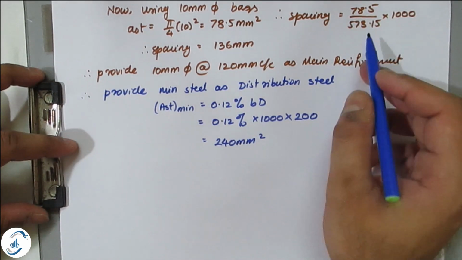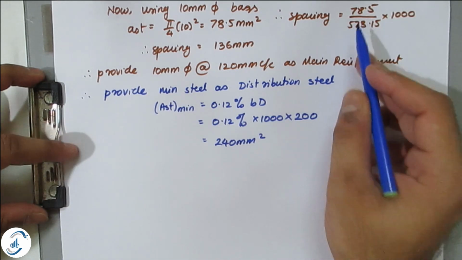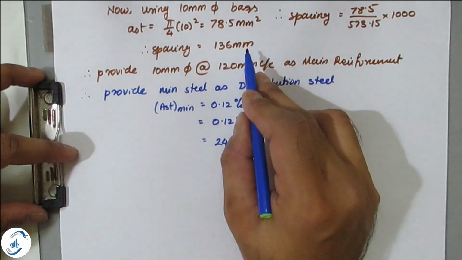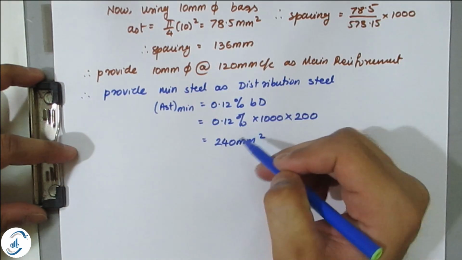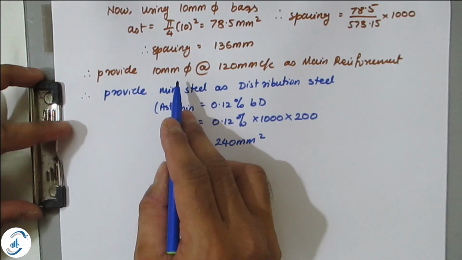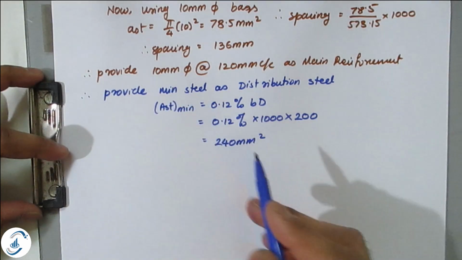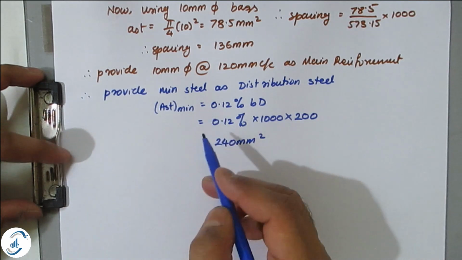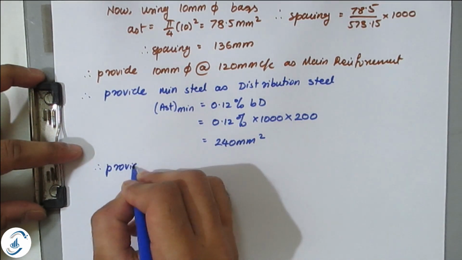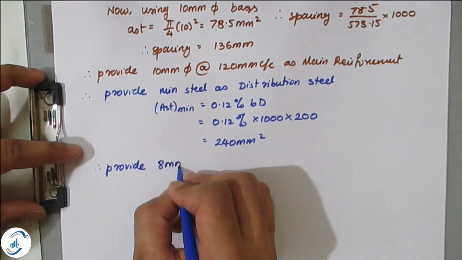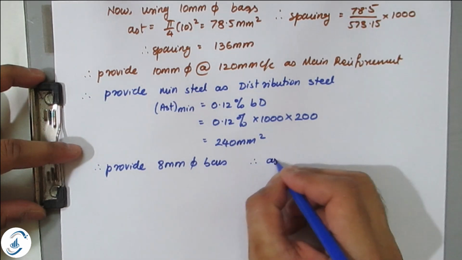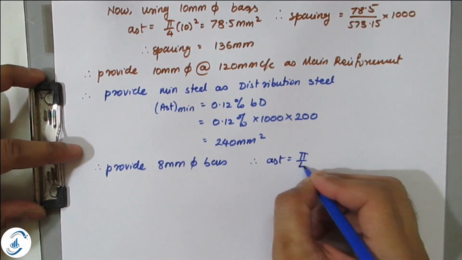This is the minimum steel you have to provide, and that will be your distribution steel. Our main reinforcement was 573, which is greater than the minimum steel, which is okay. Now we will not provide the same 10 mm bars again because the Ast is small. So we will go for 8 mm bars. Again you have to calculate small Ast, that is pi by 4 into 8 square.